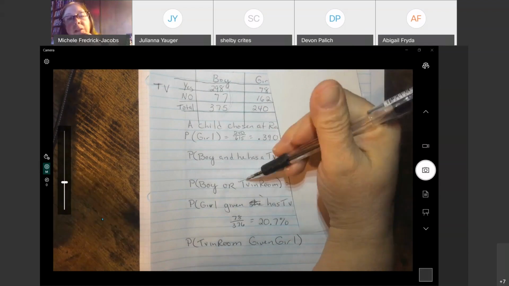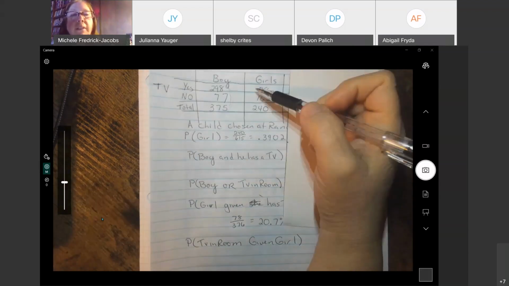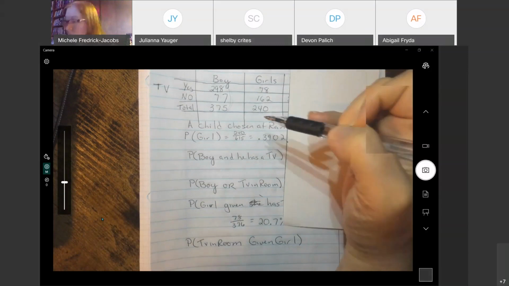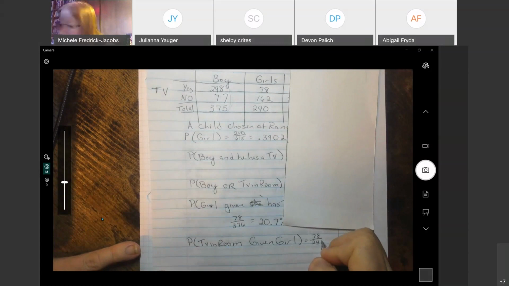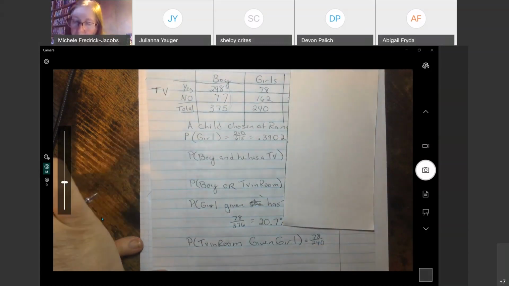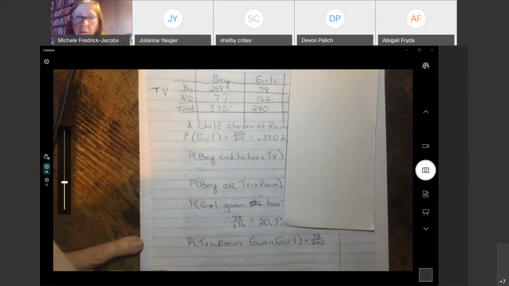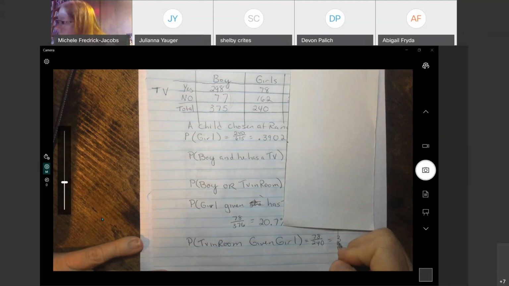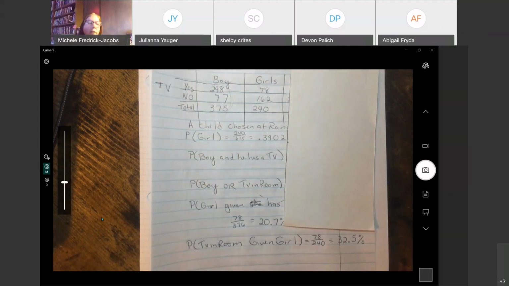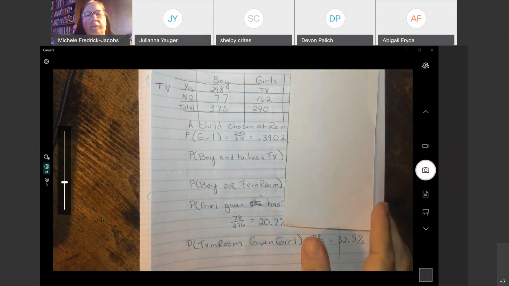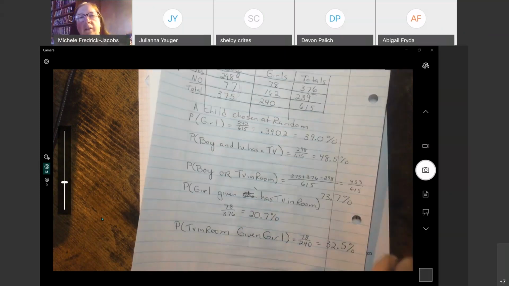The probability there's a TV in the room, 78 out of the 240. Any questions on that? So you definitely need to be careful of the wording.